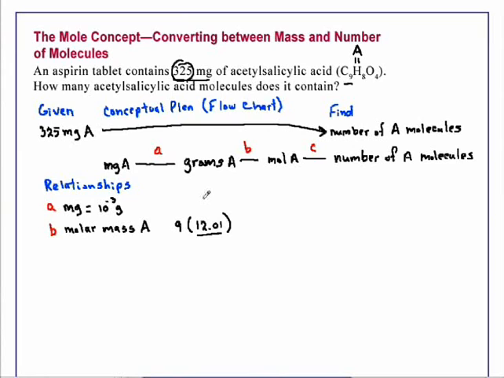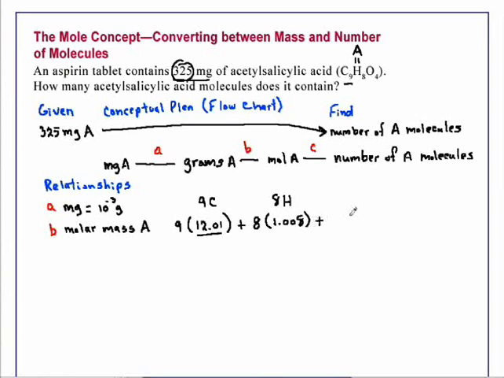Okay, so this is the mass of our 9 carbon atoms. To this we're going to add 8 times the molar mass of hydrogen. That's 1.008. Again, that's due to the 8 hydrogens.